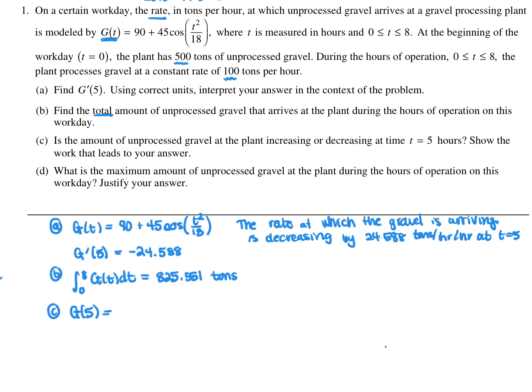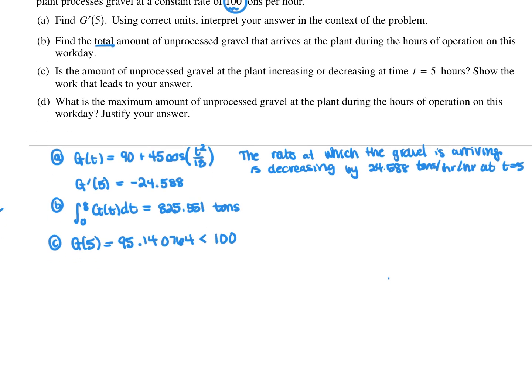We know it's arriving unprocessed at 95.140764 tons per hour. But what we also know is that it's being processed at 100 tons per hour. Since this is less than 100 tons per hour, we know that the amount of gravel that is unprocessed at that point is decreasing, because we can process more than we're bringing in.